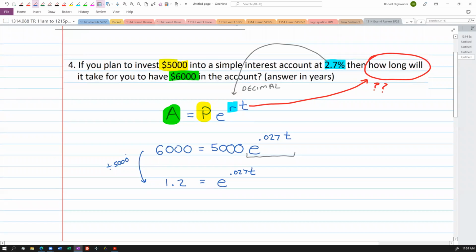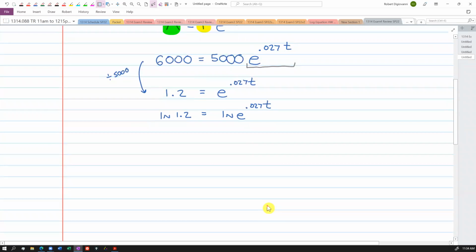Now can I bring in the log? Yeah, right. So I'm going to take the natural log of 1.2 equals the natural log of e raised to the 0.027t. On the right side, I can take the 0.027t and drop it out in front of the log. On the left side, I'm going to do natural log of 1.2 on my calculator right now.